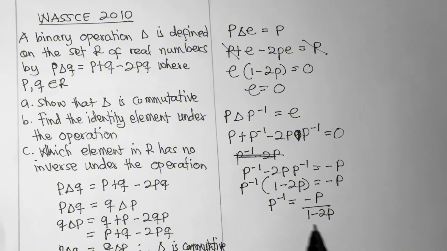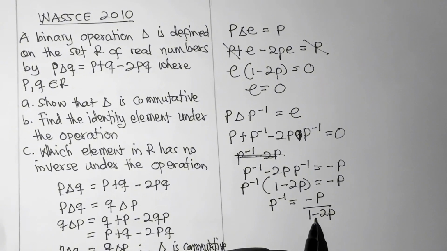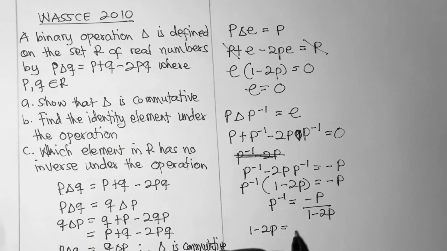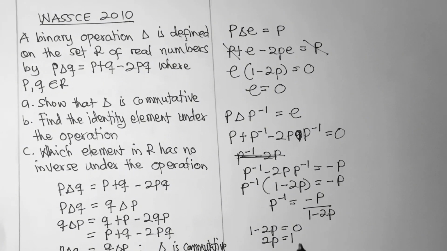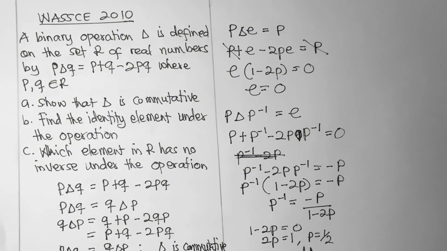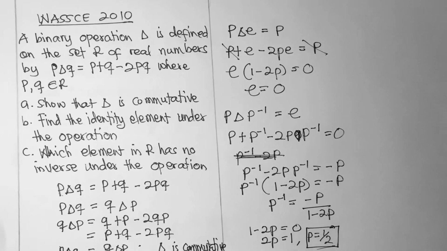So for this to have no inverse, it means that this denominator must be equal to 0. So 1 minus 2P must be equal to 0. This implies that 2P is equal to 1, and therefore P is equal to 1 over 2. So the only element that does not have an inverse is 1 over 2.